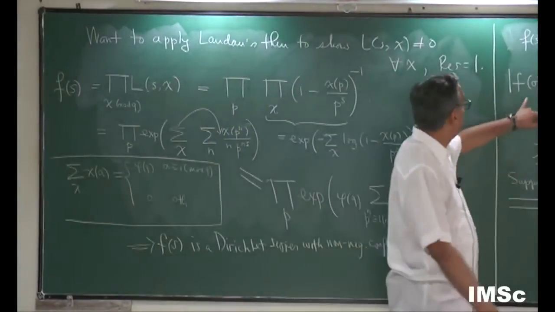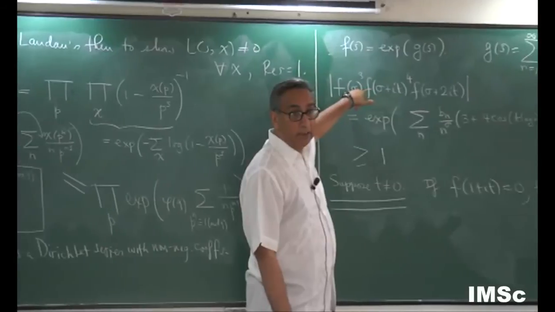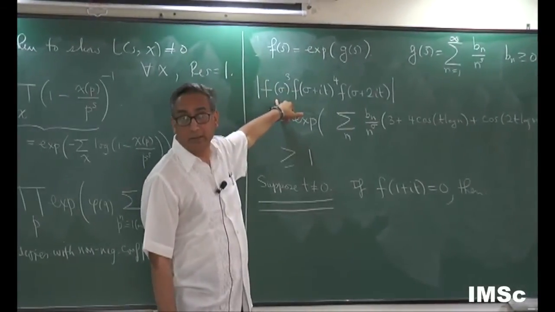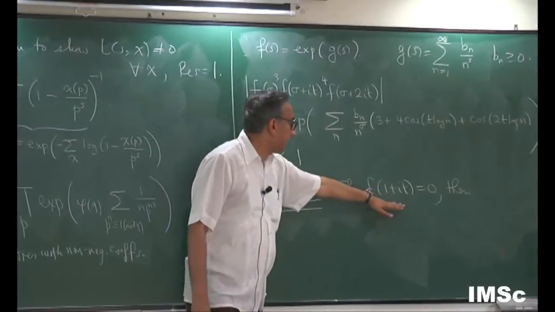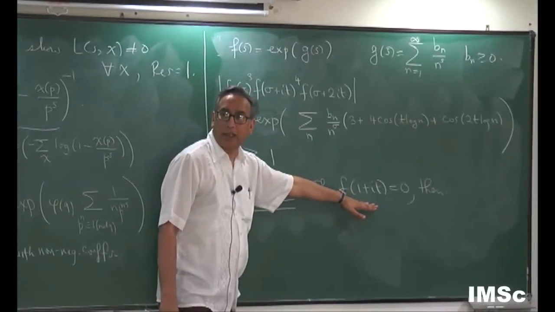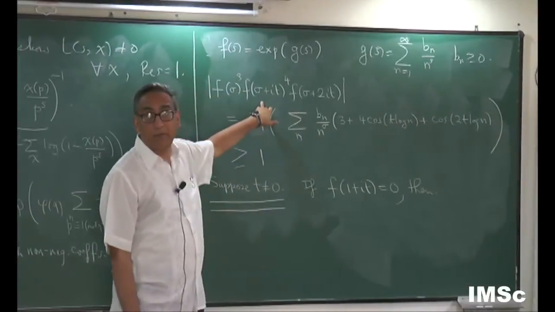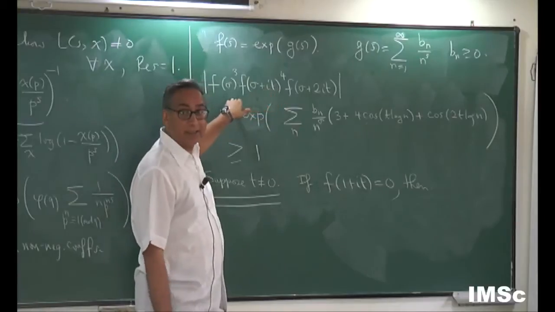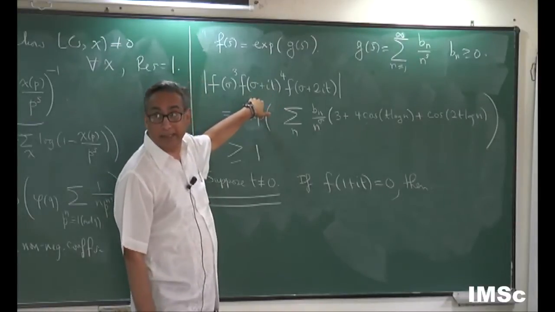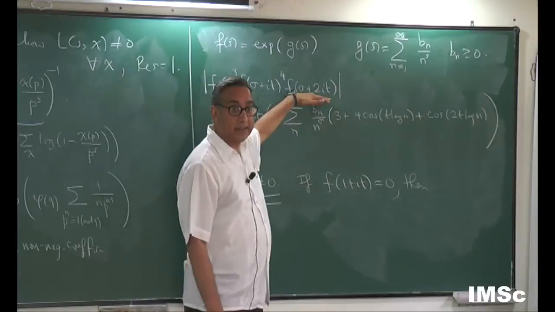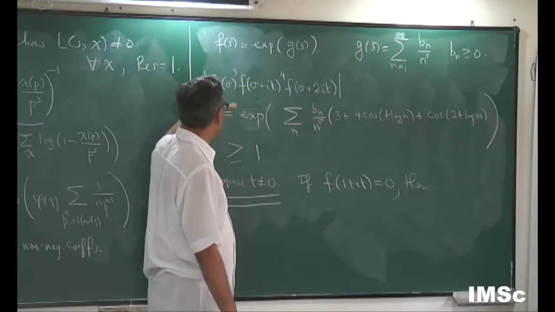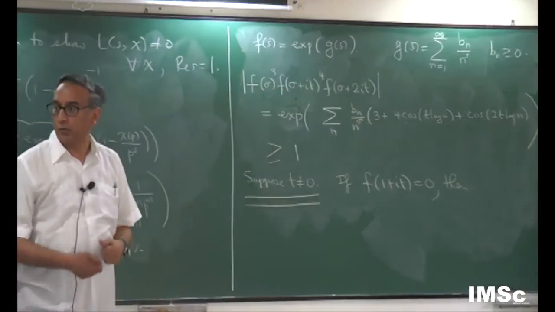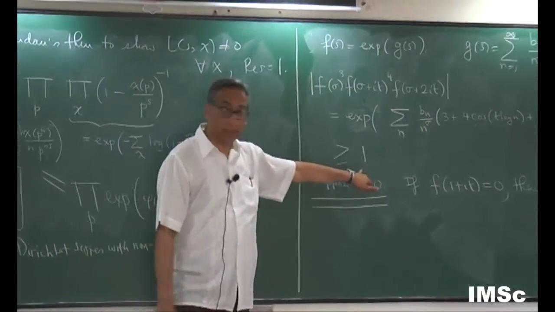So therefore, f of s has a simple pole at sigma equals 1. Therefore, there's a pole of order 3 here. And if it happens that f has a 0 at 1 plus it, that'll introduce a 0 of order 4 at sigma equals 1. Okay? And that would cancel that pole and make the 0 dominate. And then this guy's analytic, and therefore, as sigma tends to 1, the left-hand side should tend to 0. But it shouldn't, because it's at least 1.